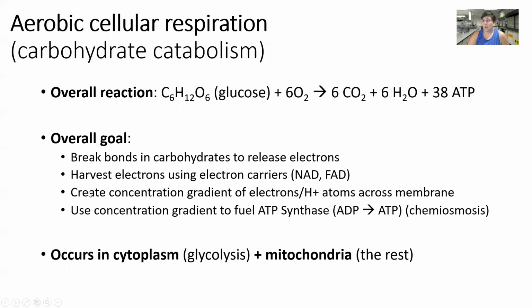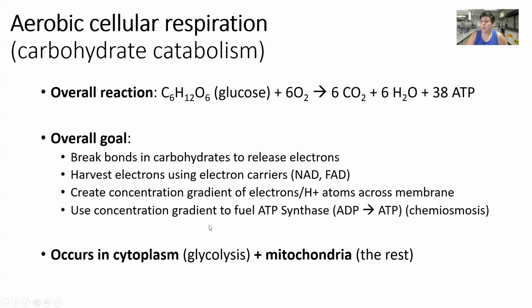Those electron carriers are going to carry the electrons to a membrane where they're going to use an electron transport chain to generate a proton motive force. And that proton motive force will be utilized to generate enough energy to add that high energy bond between ADP and a phosphate to generate ATP.